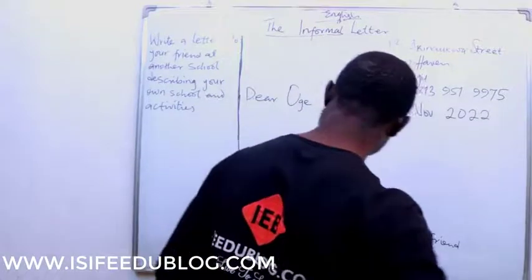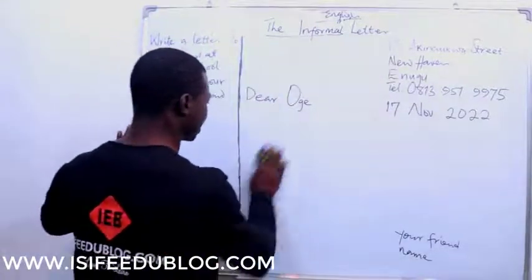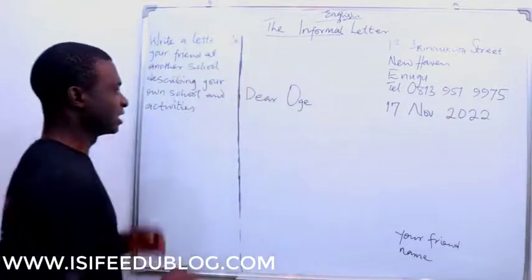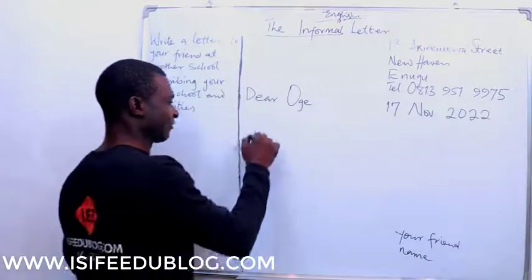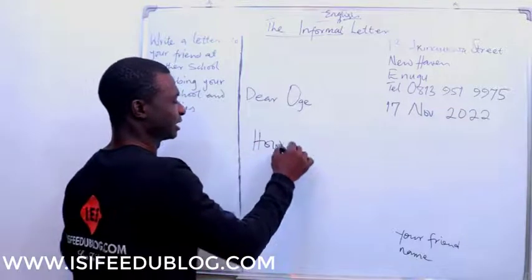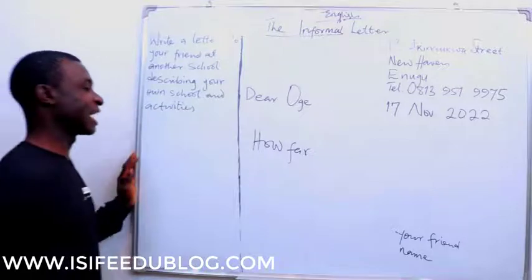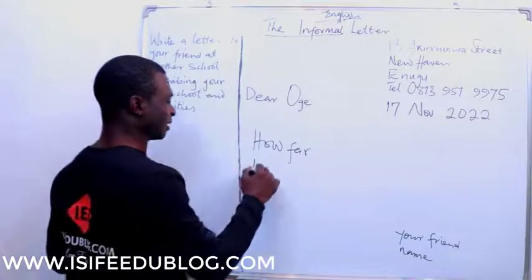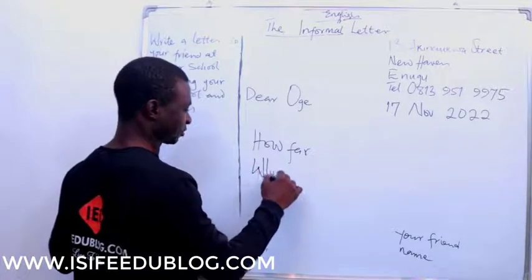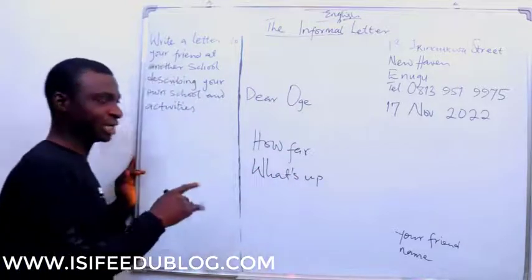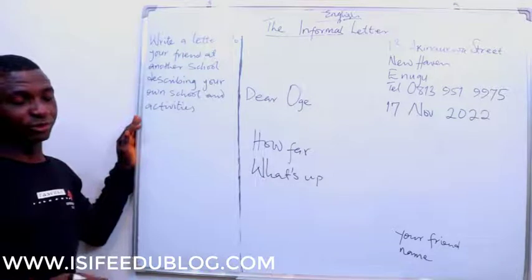Let's continue. So you could just be as simple as telling your friend hi. It could be how far, as we usually ask. You know, whether I know the distance or not. You ask how far. It could be what's up. You know, those questions could come up under the informal letter.